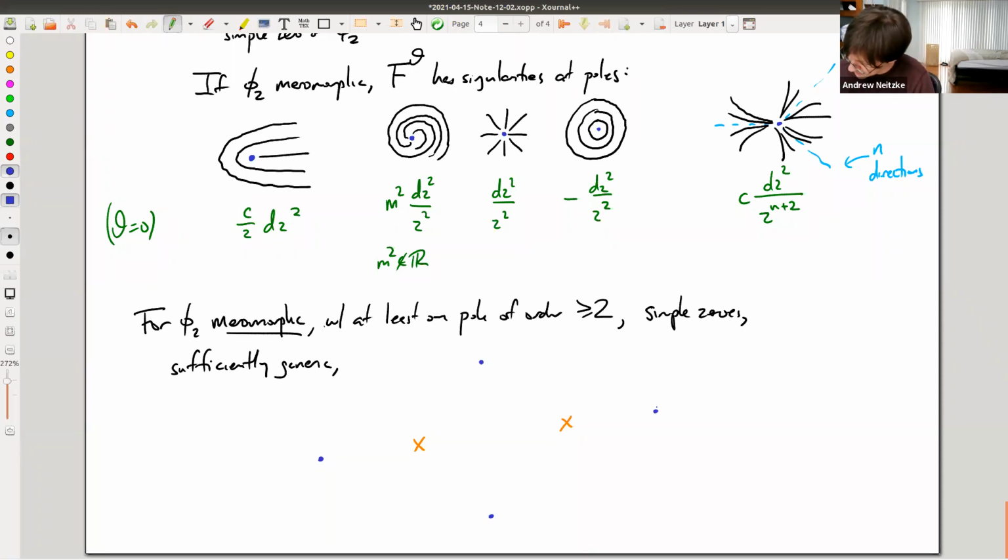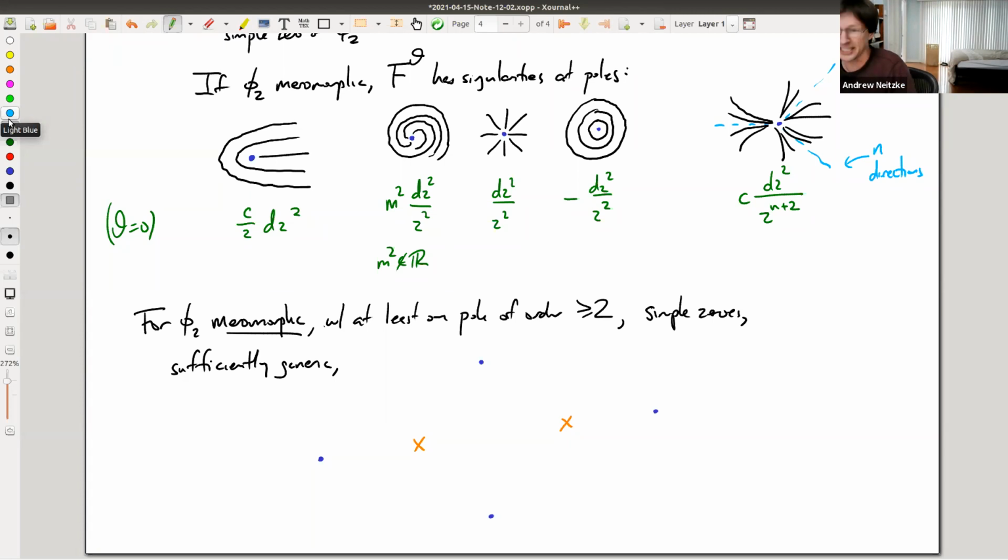And then what happens is, if you look at a typical trajectory, so I'm calling them trajectories, but they're leaves of this foliation, the trajectories of the quadratic differential. If you look at a random trajectory, it'll travel around the surface for a while, but eventually it gets close to one of the singularities. And once it gets close, the local pictures show you that it'll just be attracted to the singularity.